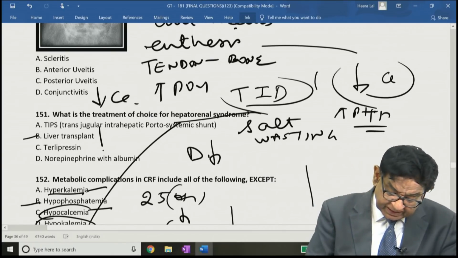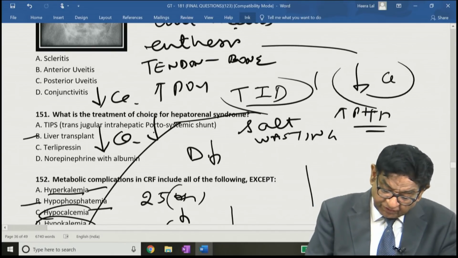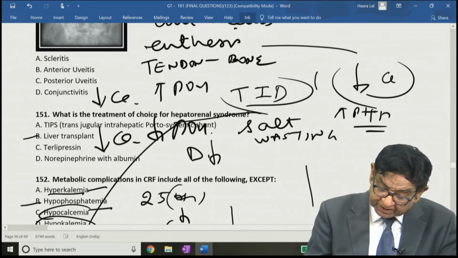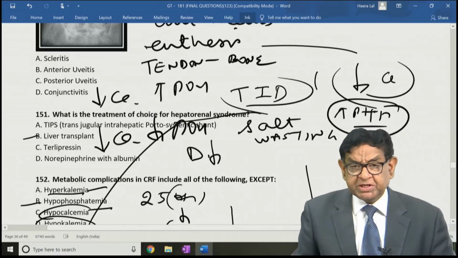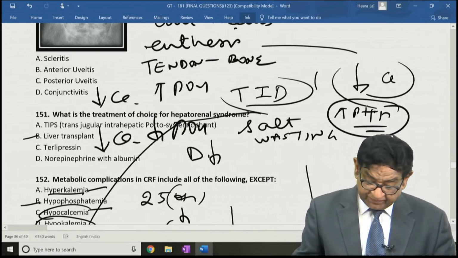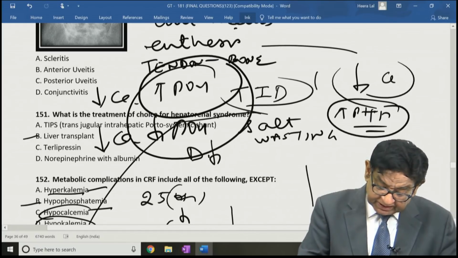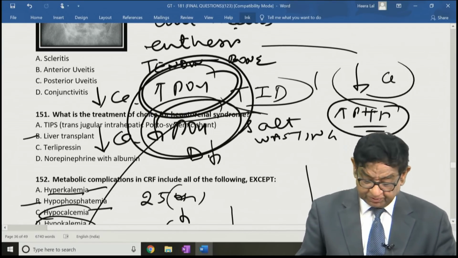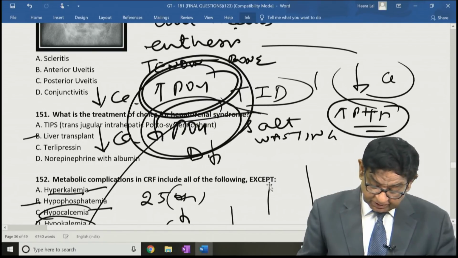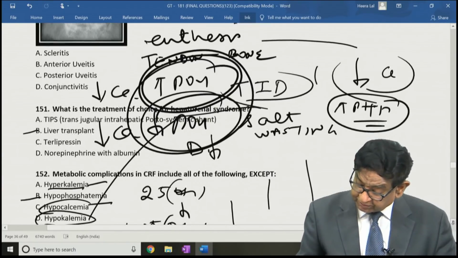In those cases, the calcium level is reduced, the phosphate level is also reduced, but the PTH level remains high. So the difference between the nutritional type of secondary hyperparathyroidism and CRF is the phosphate level. In CRF, phosphate is high; in nutritional cases, phosphate levels are low. Okay, so I hope you are clear about this question also.